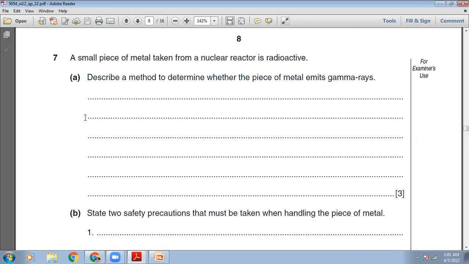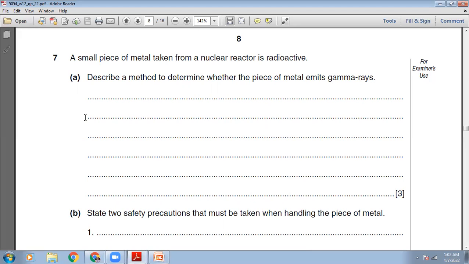We will note down the count rate on the GM tube. Then we will place a paper between the radioactive source and the GM tube, and you will see there is no change in the reading. It means there are no alpha particles.